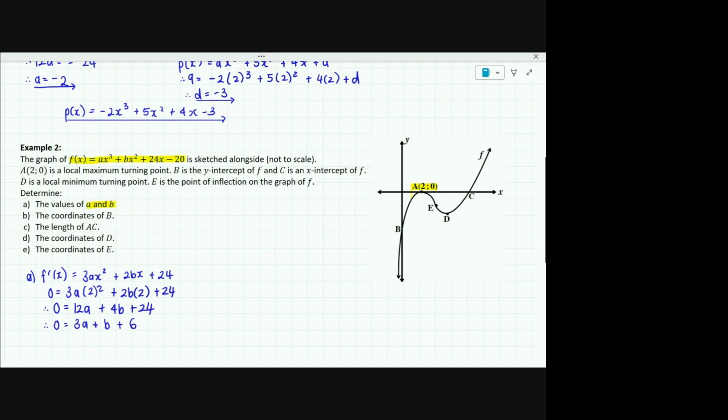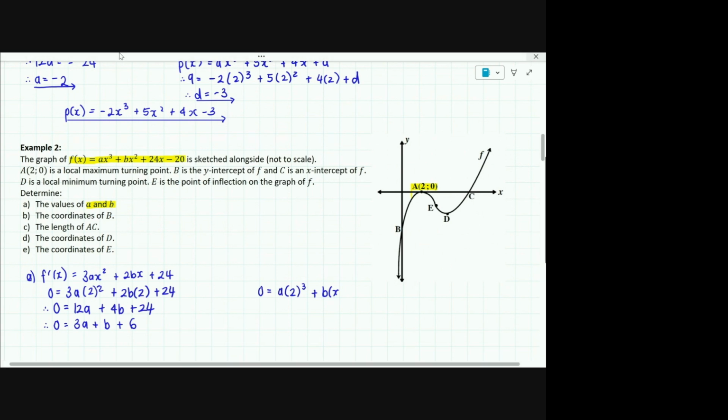Okay, so we've got an equation in terms of a and b, which is great because we've been asked to find the values of a and b. But the second we've got two variables we need to solve for, we need to have a second equation. Now remember, this point is on the graph, so we can substitute this into f of x. So the y is 0 and the x is 2. So 0 is equal to, into the original equation, a times x cubed, so 2 cubed, plus b times x squared.